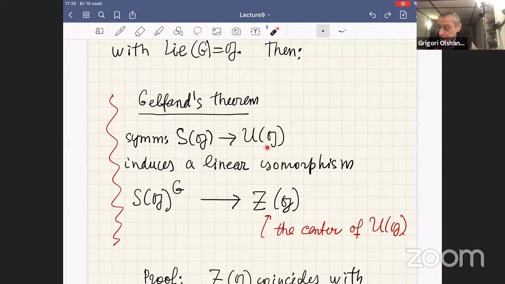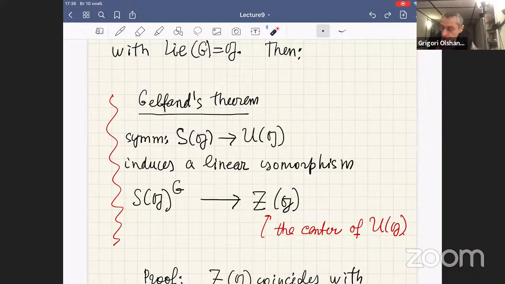And the idea is that one can use the symmetrization map for extracting some information about the center from the structure of this object. And this object is much easier to understand, the algebra of G invariants in the symmetric algebra.